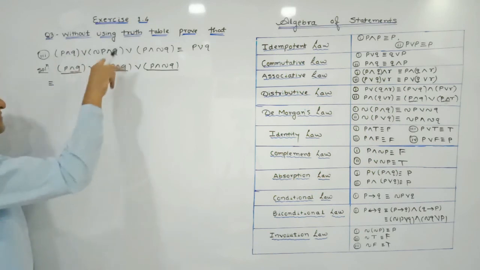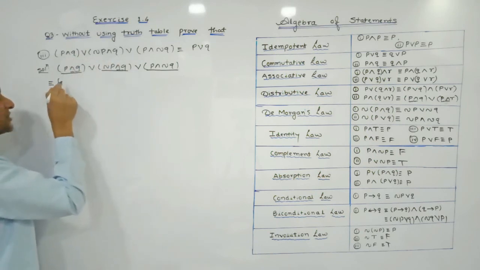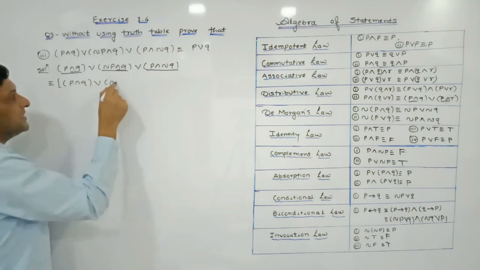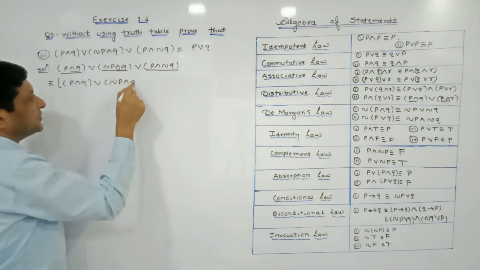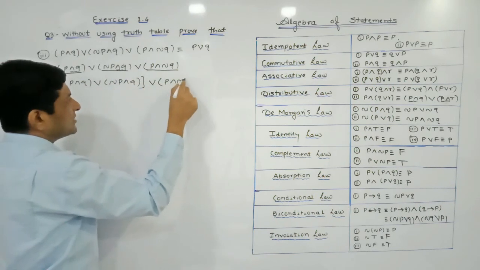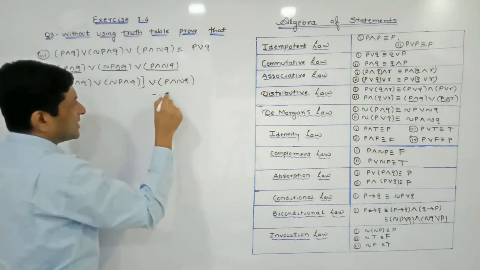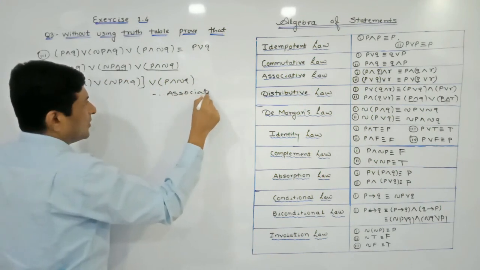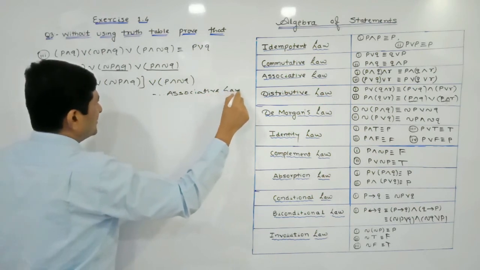So first we are finding the or of the first two statements, P and Q, or negation P and Q. Keep the remaining part as it is, P and negation Q, and this result we got according to associative property, or we can say associative law.